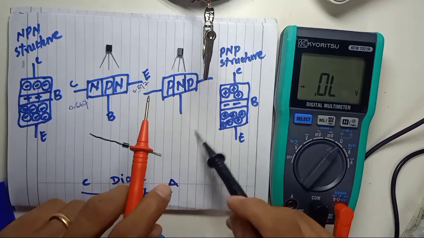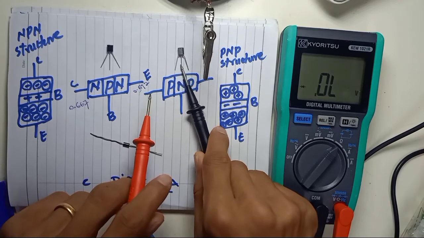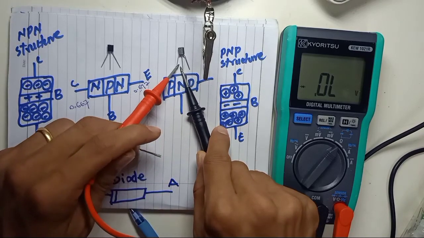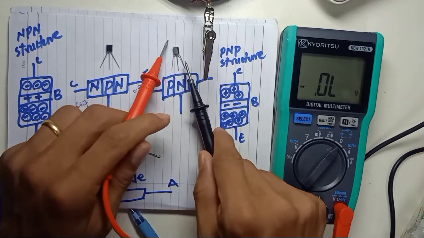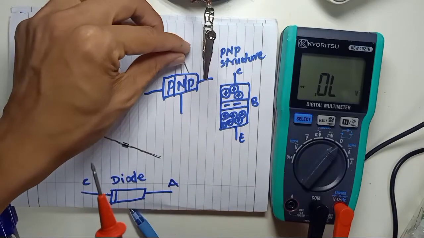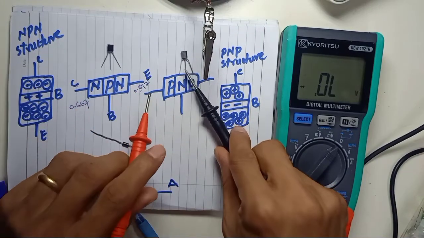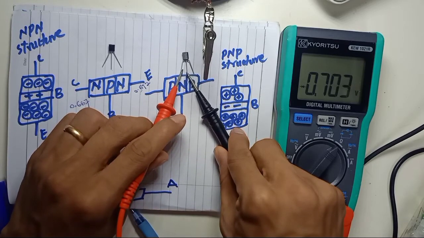We already know this transistor is PNP. We put the black lead in the middle, on the base, and the first pin is not touched properly. I have a reading from base to the first pin of 0.703.